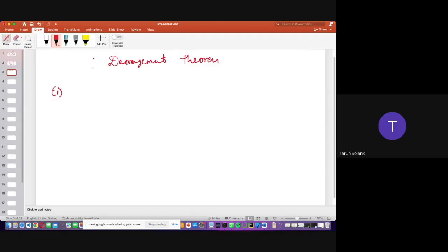if n items are arranged in a row, then the number of ways in which they can be rearranged so that no one of them occupies the place assigned to it is n factorial into (1 minus 1 by 1 factorial plus 1 by 2 factorial minus 1 by 3 factorial plus 1 by 4 factorial, and goes on till minus 1 to the power n, 1 by n factorial).